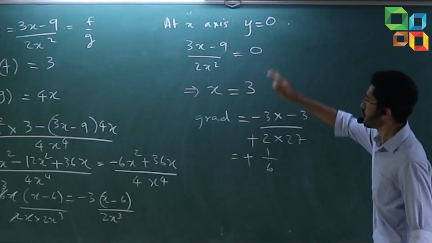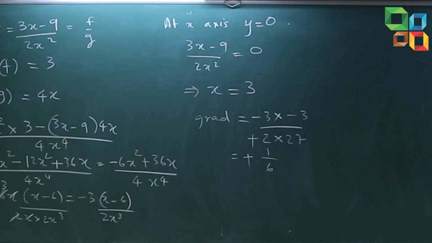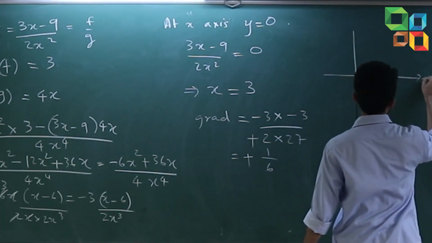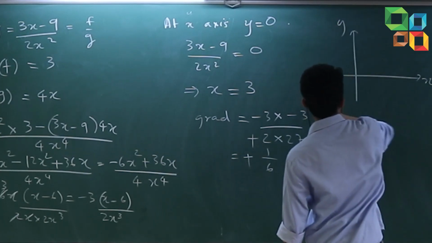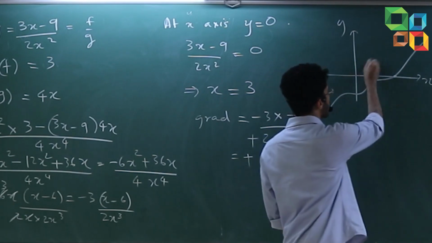So after that, we have to substitute a value of x, because they didn't just ask us to find the gradient. They said find the gradient at some point. And what was the point they said? X-axis. So if I have some curve, let's say this is your coordinate system. You have some curve and it cuts the x-axis at that point. What will be the y-coordinate of that point?